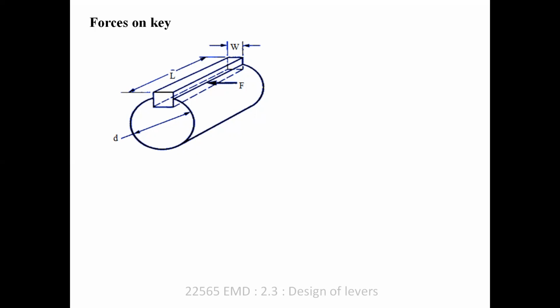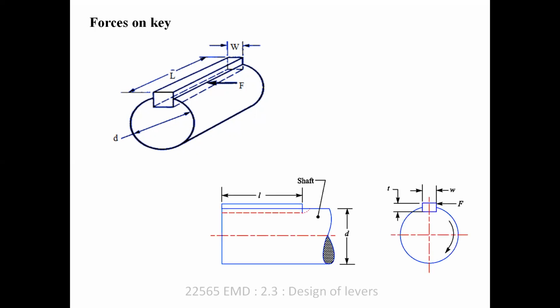Half portion of the thickness is inside the shaft and half portion is inside the boss or hub. Just look at the two-dimensional view. It is very clear that the key is inserted half portion inside the key slot and half portion is above the shaft.